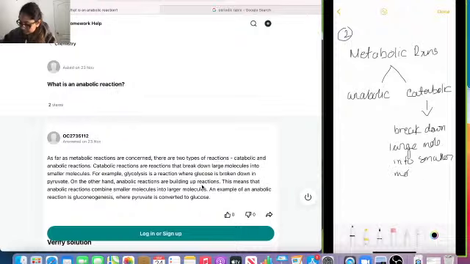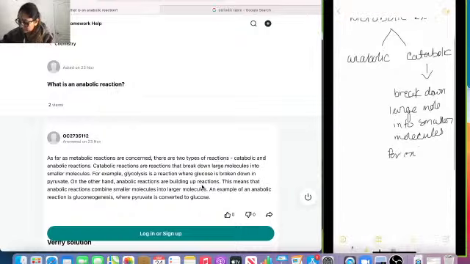For example, the glycolysis pathway. For example, glycolysis.